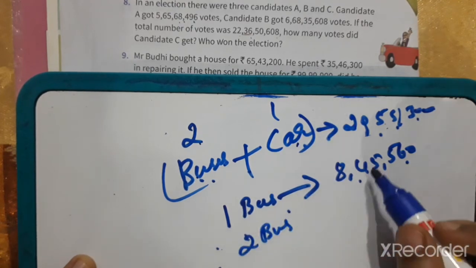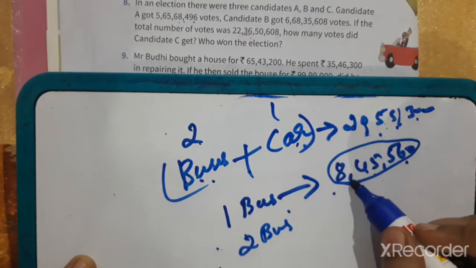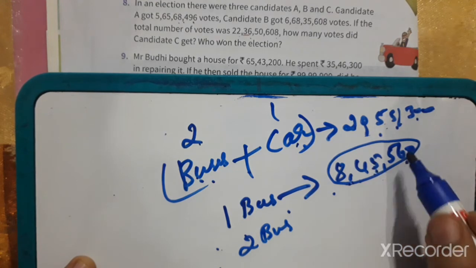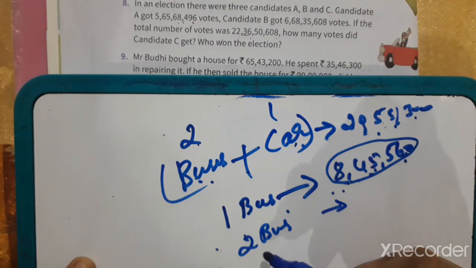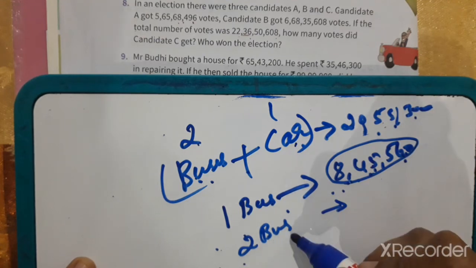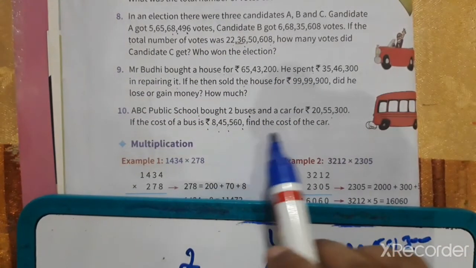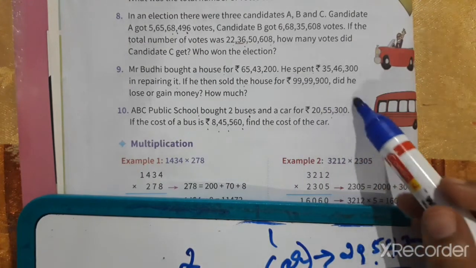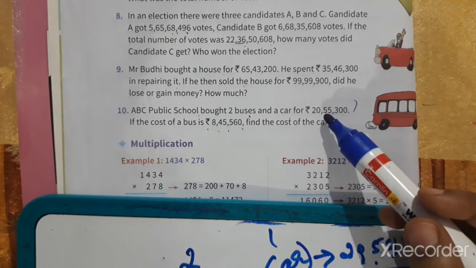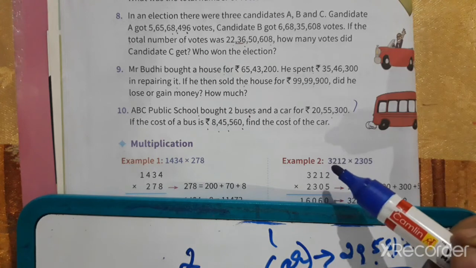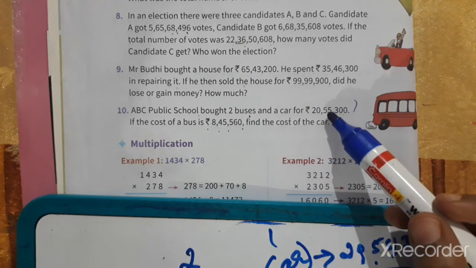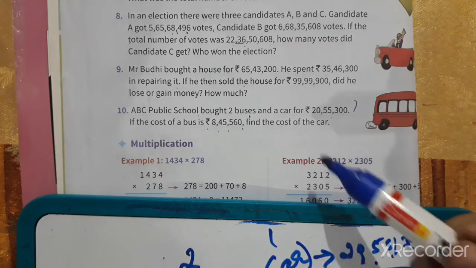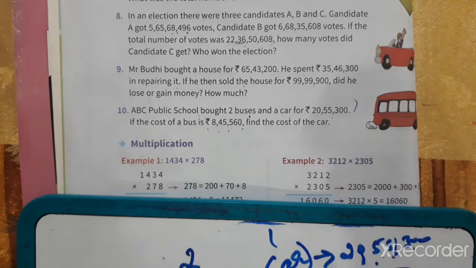We have to add 8,45,560 plus 8,45,560, then we get the cost of 2 buses. After that, find the cost of the car. So total he spent 20,55,300 for purchasing 2 buses and a car. From that we have to minus the bus amount, so we get the car amount.